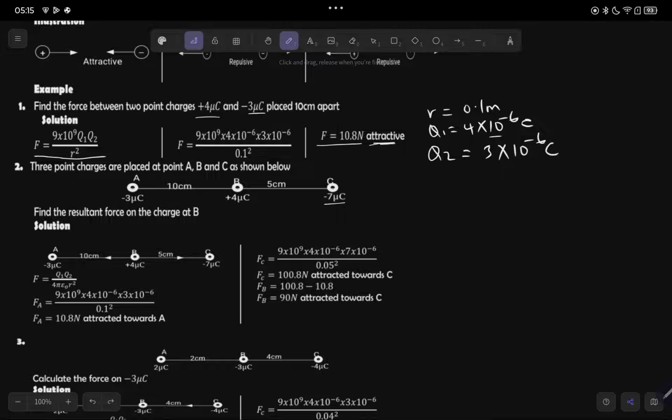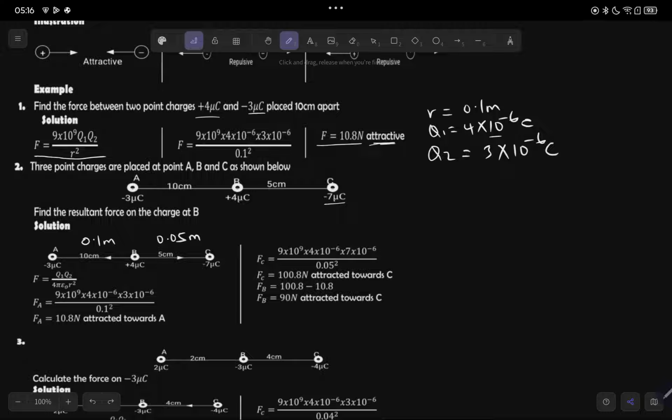So it will be pulled on both sides, and in the end it will move towards the stronger force, and that's what we call a resultant force. Of course, we have to convert all our distances into meters, so 10 centimeters becomes 0.1 meters, and 5 centimeters becomes 0.05 meters.